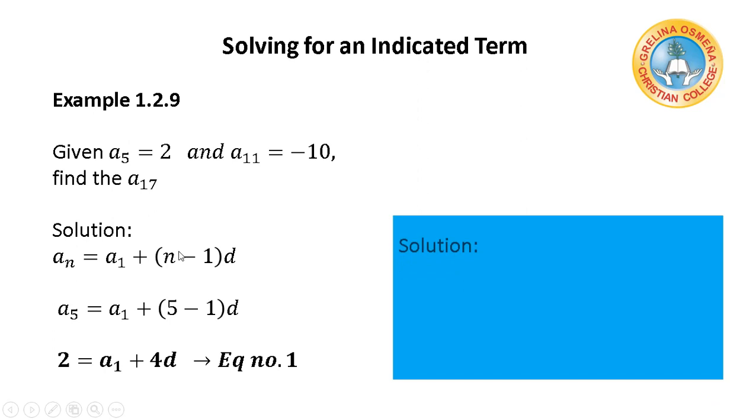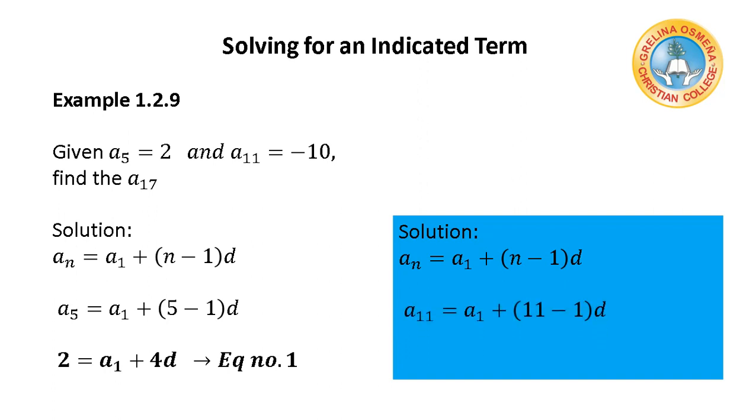And then, using a sub 11, a sub n equals a sub 1 plus n minus 1 times d, so a sub 11 is equal to a sub 1 plus 11 minus 1 times d. We have there negative 10 equals a sub 1 plus 10d. So this one is for a sub 5, which is 2, and this one is for a sub 11, negative 10.